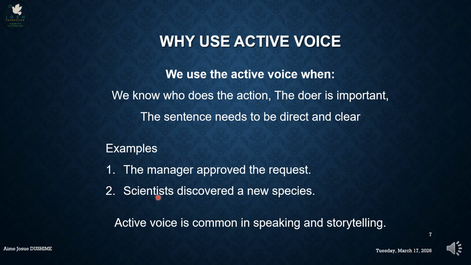The scientists discovered a new species. In this case, active voice is common in speaking and storytelling. We like to use active voice in storytelling and in speaking. That's when you use the subject as the person who's doing the action.